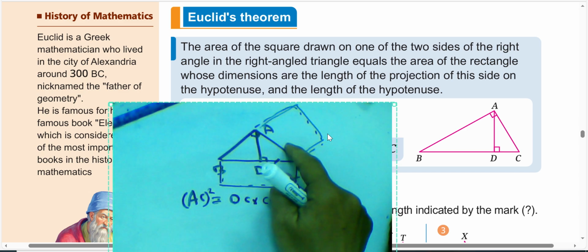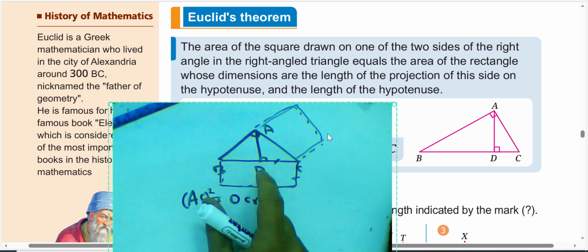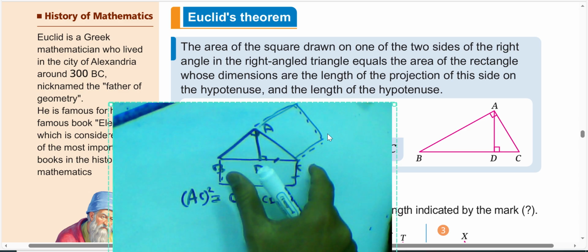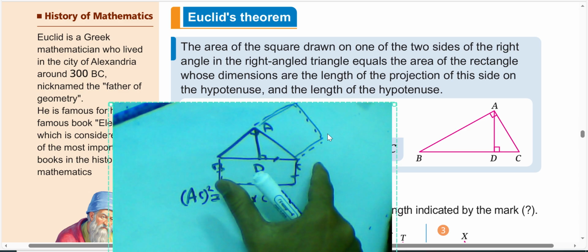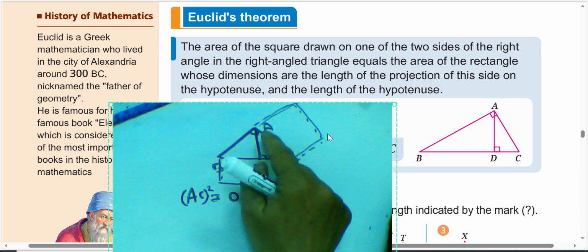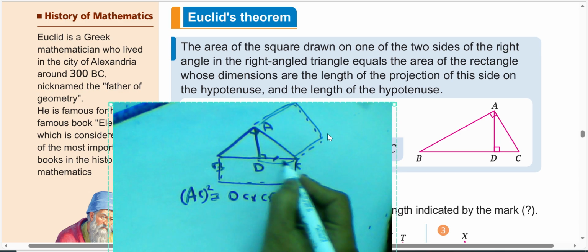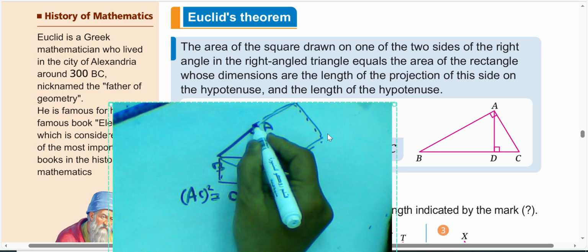Then AC power 2 equals DC product by BC.